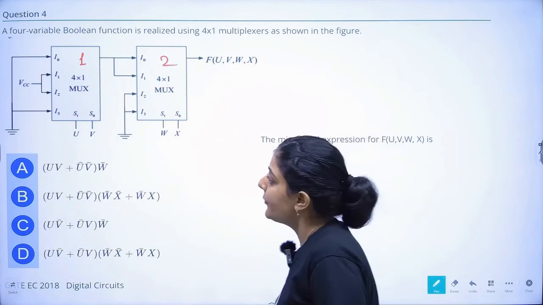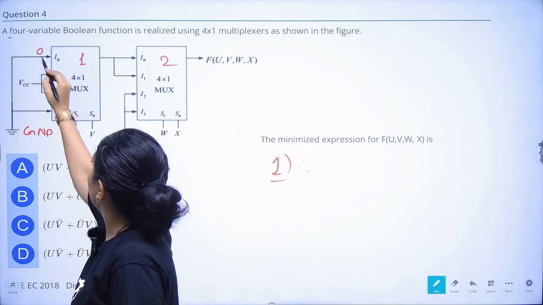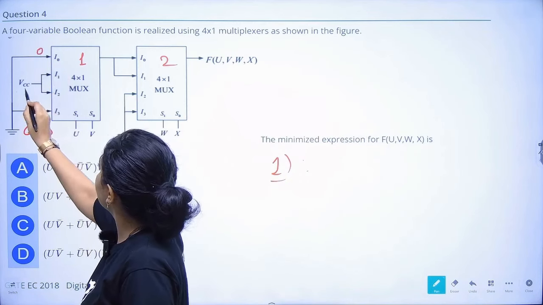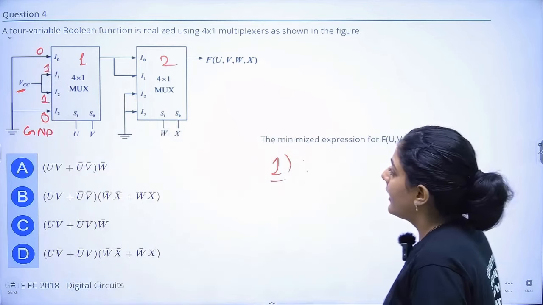I have told you when it is ground, it is logic 0, and when it is VCC voltage, it is logic 1, right?